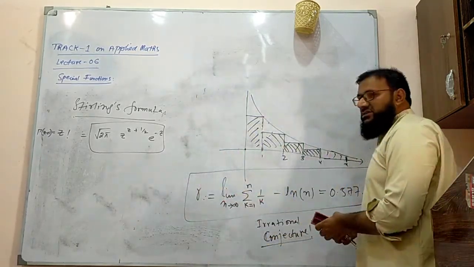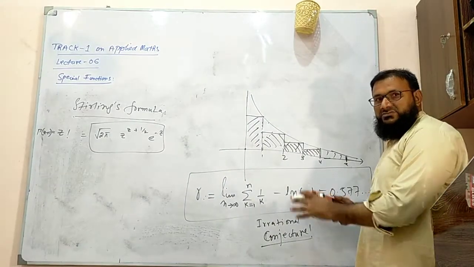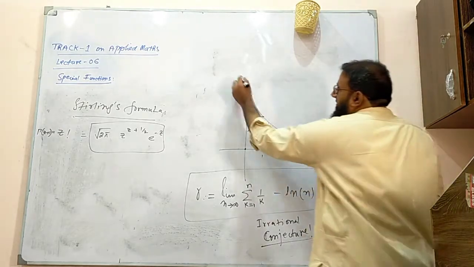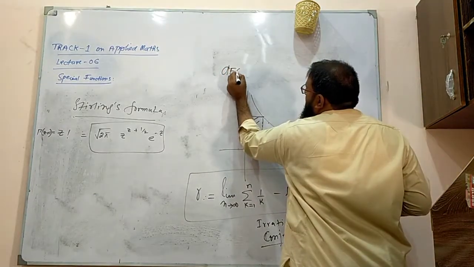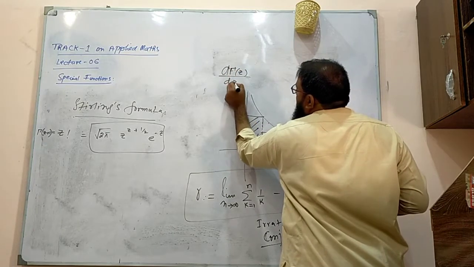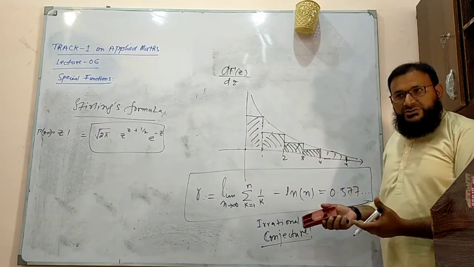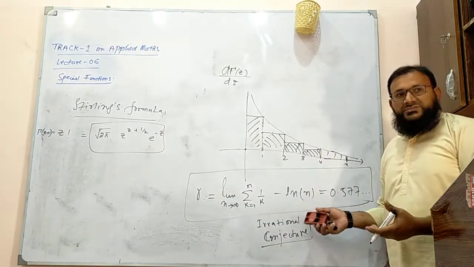We have this constant, it's very useful, but we are not going in depth. That's why I told you what we mean by this thing. Sometimes we are interested in the derivative of the gamma function. When you differentiate a gamma function with respect to z, these particular things are involved.